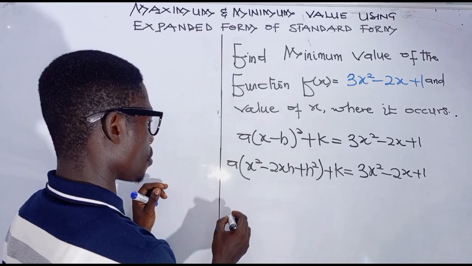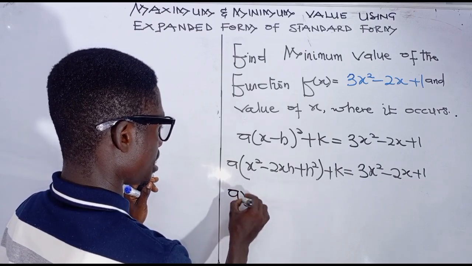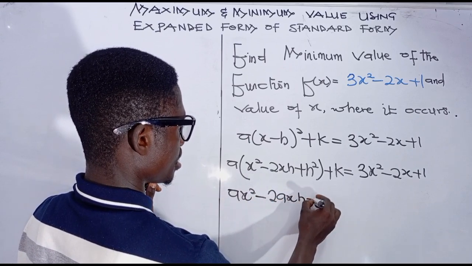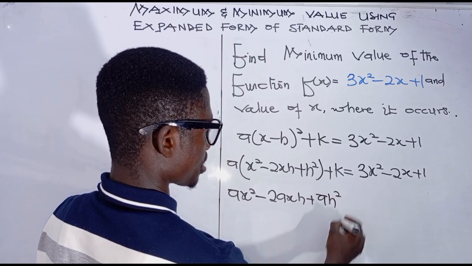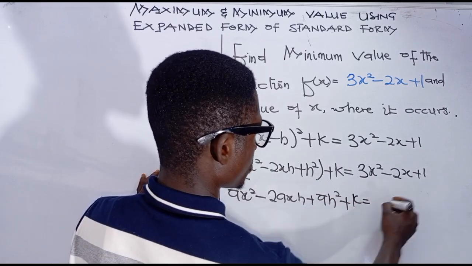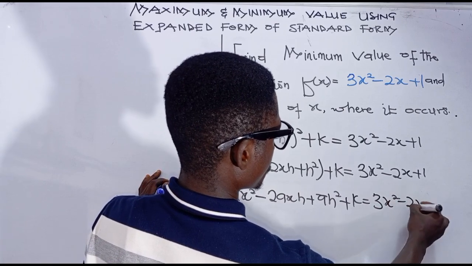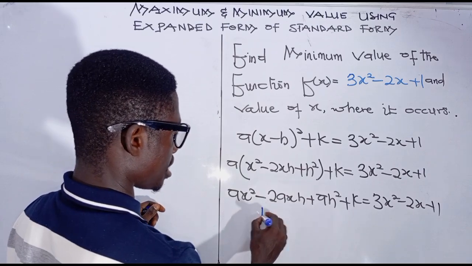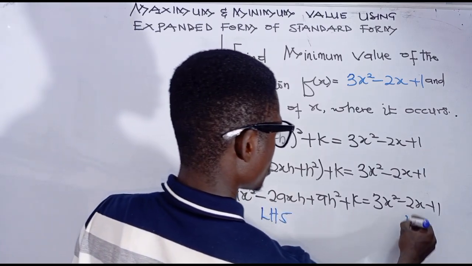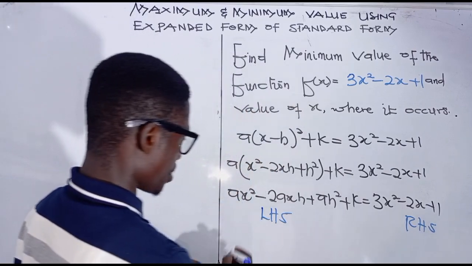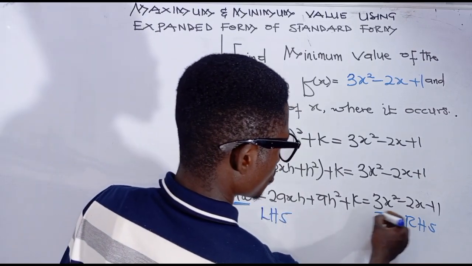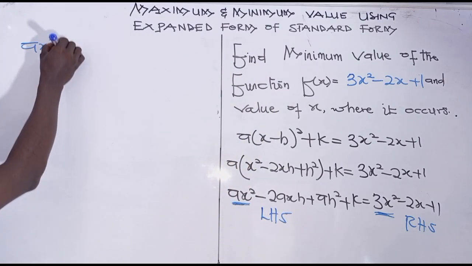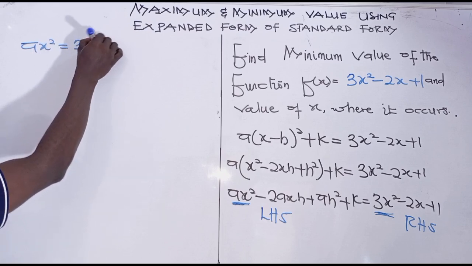Now let's expand this part also. This time we are going to get ax squared, minus 2axh, plus ah squared, then plus k is equal to the whole of this. Now once we have this, we are going to compare the terms on the left hand side and the terms on the right hand side. So you can see that ax squared is equal to 3x squared.